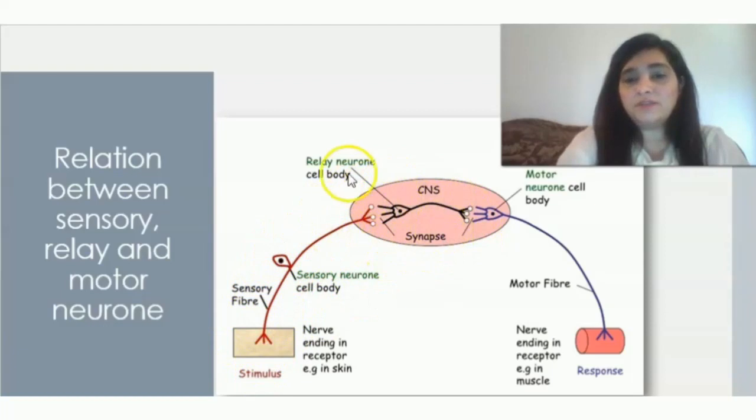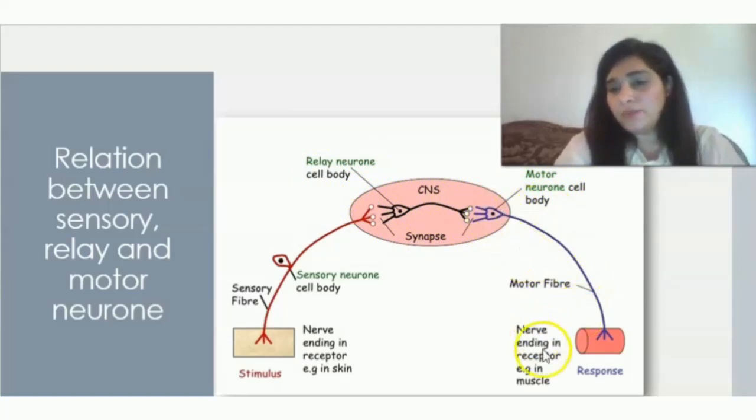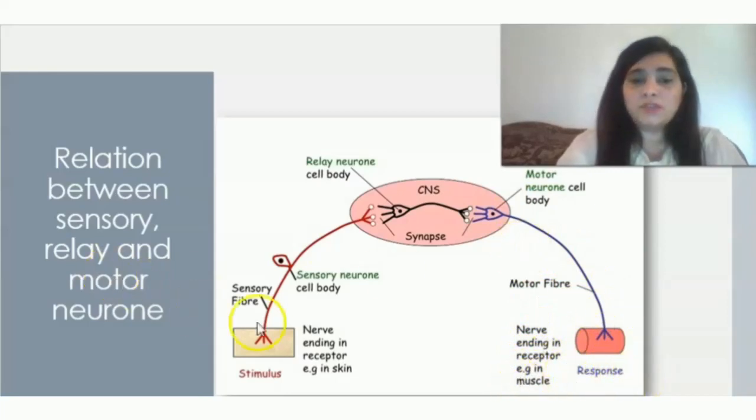In the central nervous system there is a relay neuron and the cell body is shown here in black, the relay neuron or interneuron. From the central nervous system, the motor neuron collects the electrical impulses. Motor neuron cell body is shown here. So motor fiber, nerve endings in the effector, for example in the muscle. So a response is generated. So this is the diagram that shows the relationship between the three types of neurons.